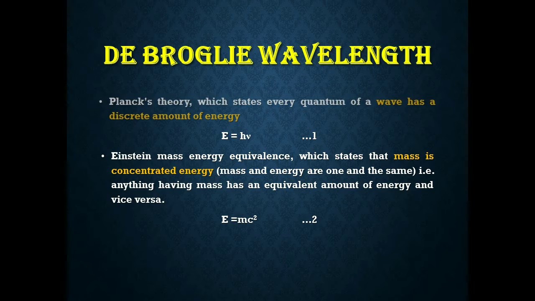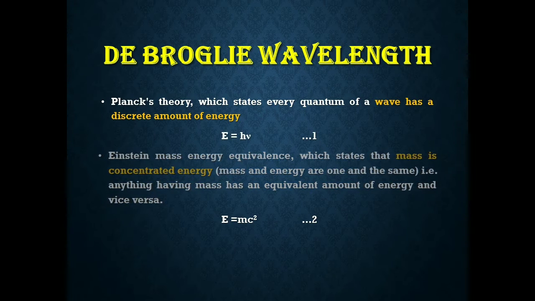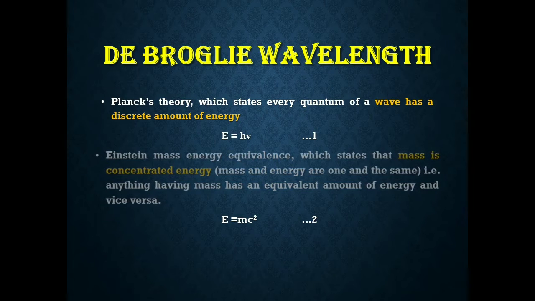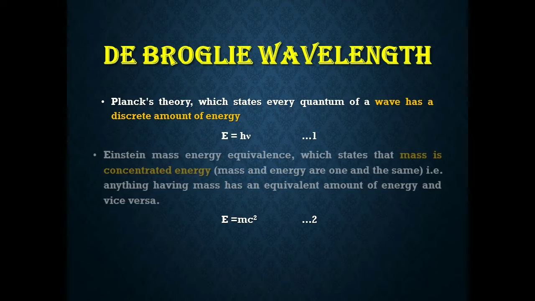As we know, in Planck's theory, we assume an electromagnetic wave consists of tiny particles with a quanta of energy E equals h mu, where mu is the frequency and E is the energy of a photon. In the Einstein mass energy equivalence, he considered that mass and energy are the same and convertible to each other. You can see this in equations 1 and 2.